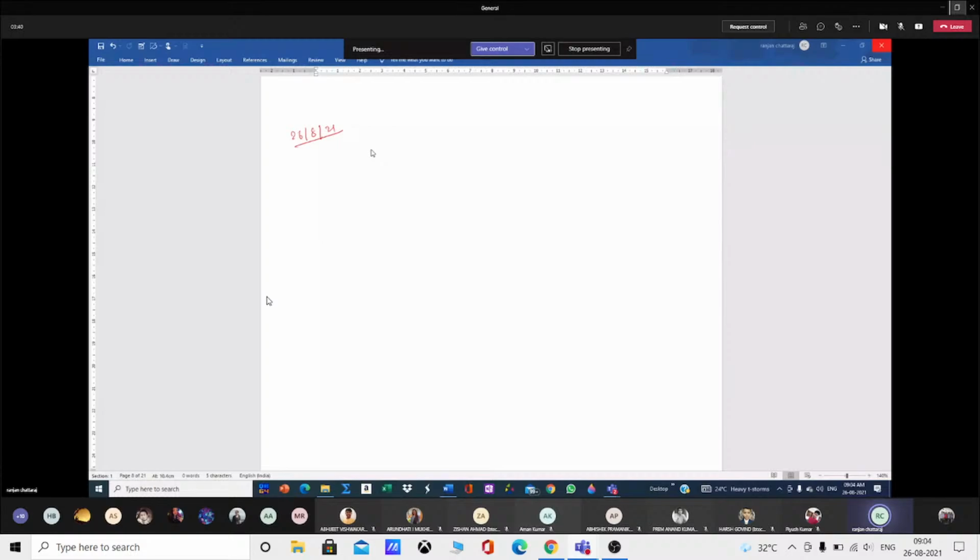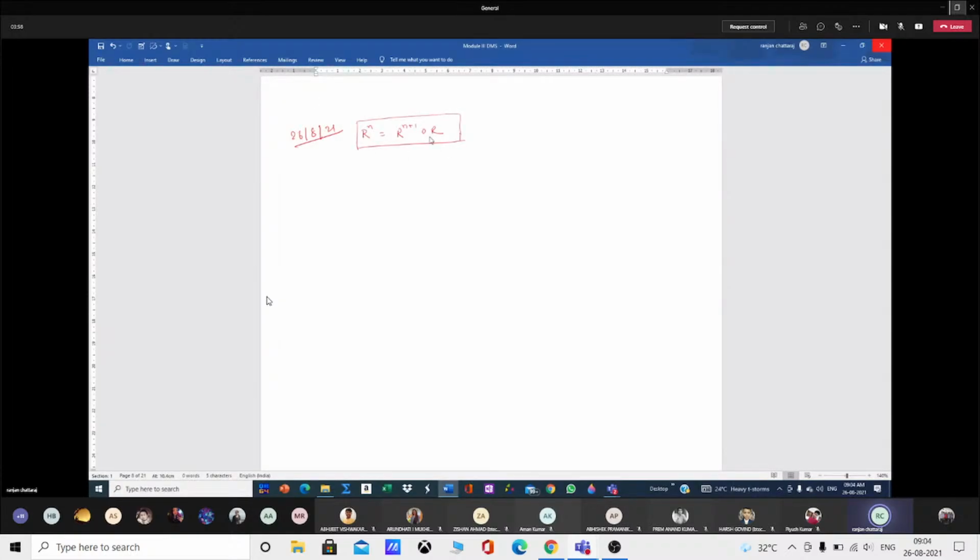That means R^n is equal to R composite R^(n-1). This is very important.